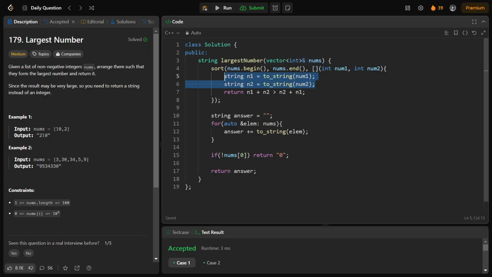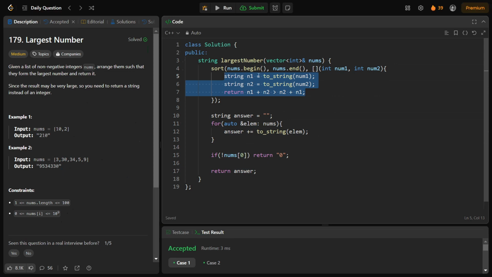Here we had big O of 20 space. So this has a space complexity of big O of n, and the time complexity is n log n for sorting, assuming comparison takes constant time because we have an upper bound on every element. That is the reason I'm saying that.